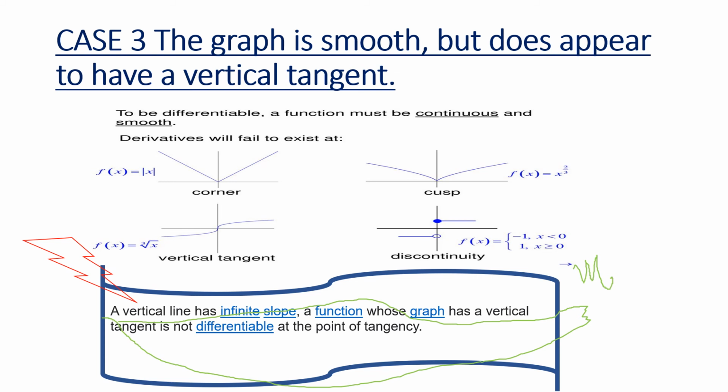You can see the vertical tangent here. This is your vertical tangent at x equals 0, because the function's derivative is denoting the differentiability, and if the derivative is infinite, that means it does not exist. So a vertical tangent denotes that the function is not differentiable.